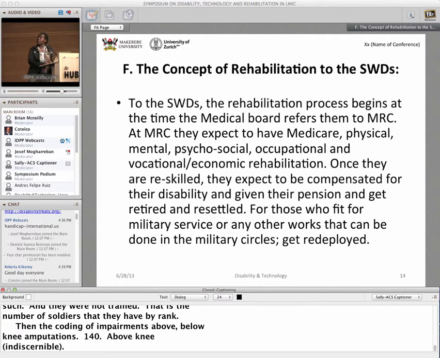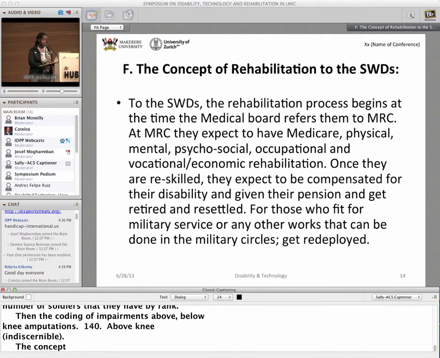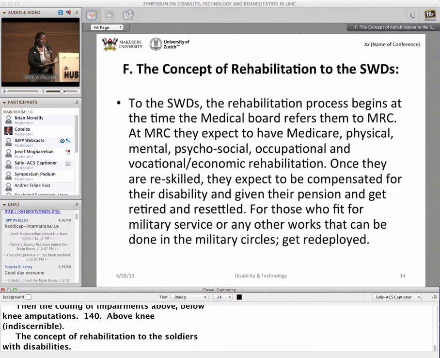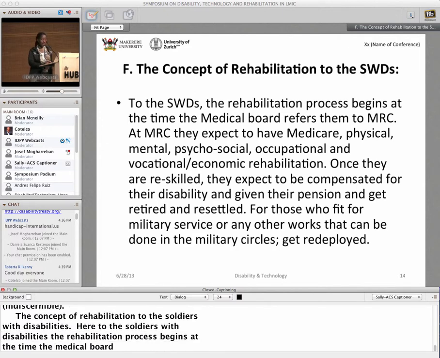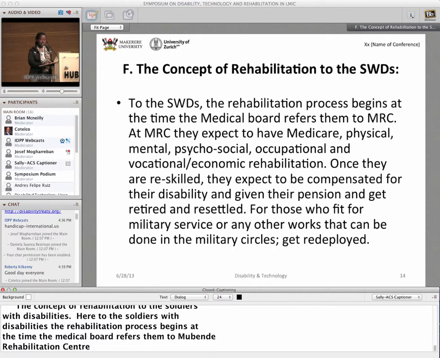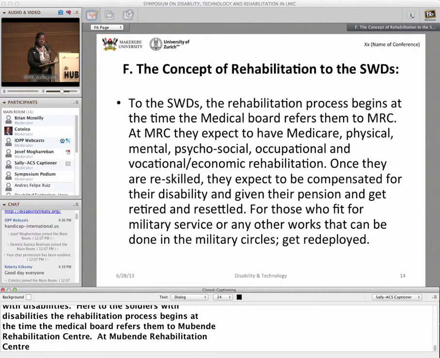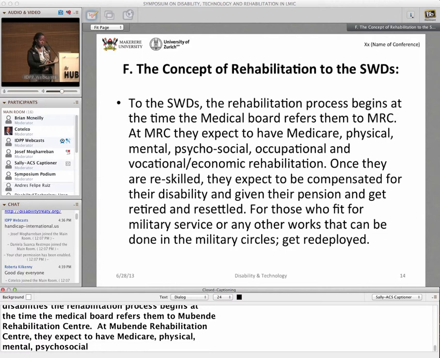The concept of rehabilitation to the soldiers with disabilities. To the soldiers with disabilities, the rehabilitation process begins at the time the medical board refers them to Mubende Rehabilitation Centre. At Mubende Rehabilitation Centre, they expect to have medical care, physical, mental, psychosocial, occupational, and vocational or economic rehabilitation.